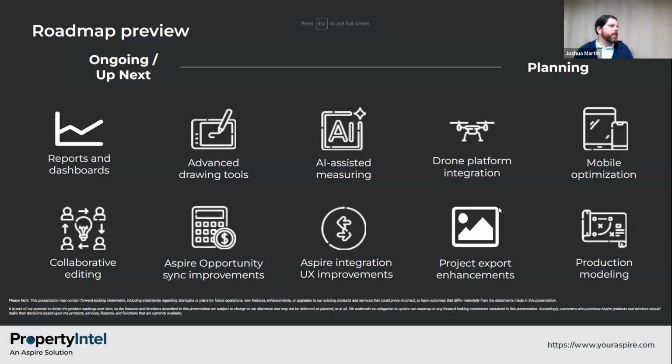Looking at the roadmap, things that we've done and where we're catching up to, some of those drawing tools that we talked about today. We're working on the advanced drawing tools, so several more to come, and the same with the Aspire Opportunity Sync improvements. Within advanced drawing tools, things to look forward to are snapping to the edge of existing shapes.